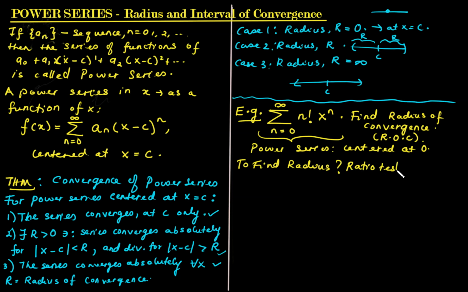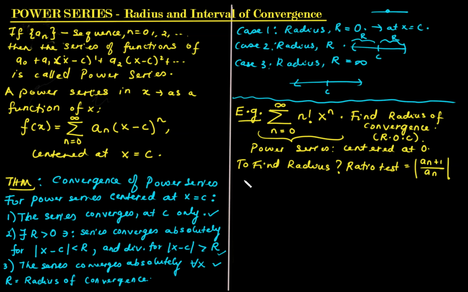If you recall from my past videos on sequences and convergence tests, we can do a ratio test where if the sequence is a sub n, we'll do a sub n plus 1 over a sub n and find the limit. As simple as that.